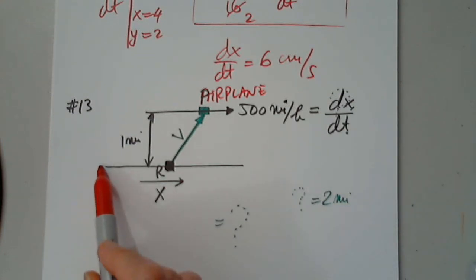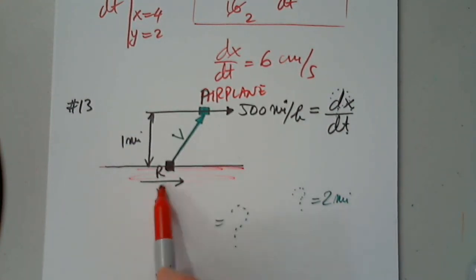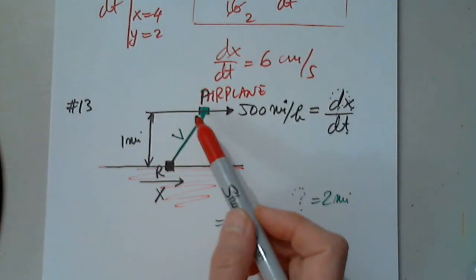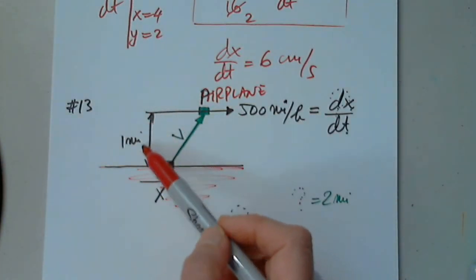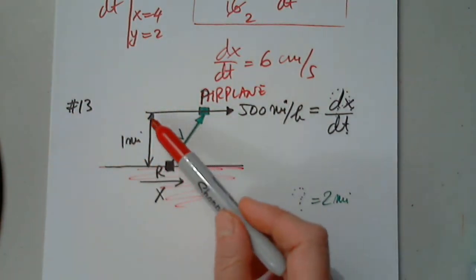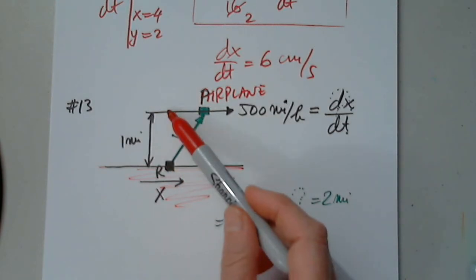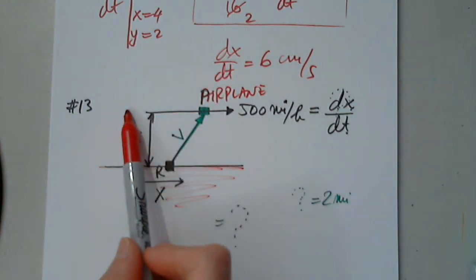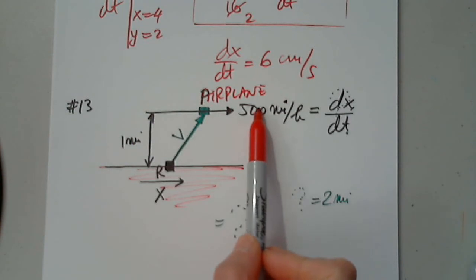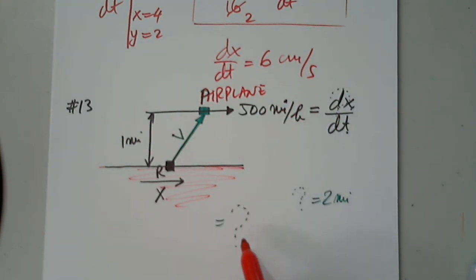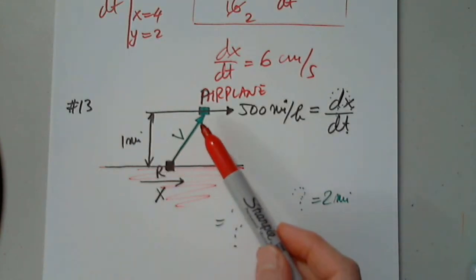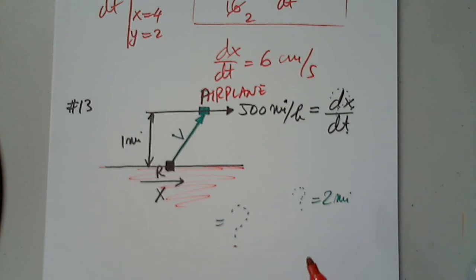So this is planet Earth, and the airplane is flying 1 mile above the ground. It's passing over a radar station and continues. And we're asked to find the rate of change of the distance between the radar and the airplane when the airplane is 2 miles away.